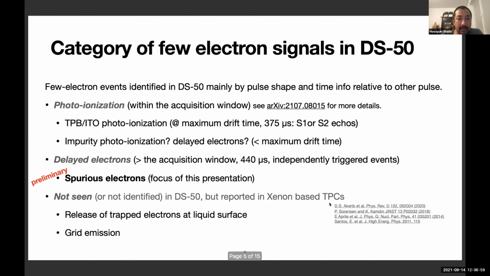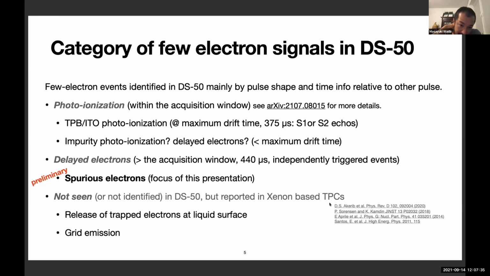Okay. And we see such electron signals in DarkSide-50, and we categorize them into two categories. The first is photoionization: S1 or S2 light hits the TPB or ITO, and then an electron pops up. Because this happens at the bottom of the TPC, we see the electrons exactly the maximum drift time later than the S1 or S2, so it's easy to identify.